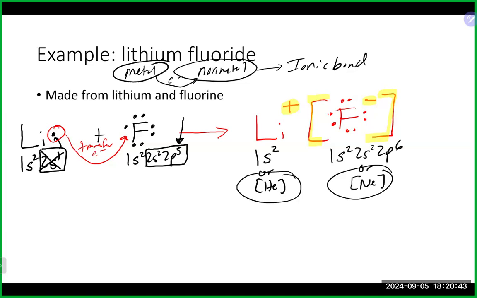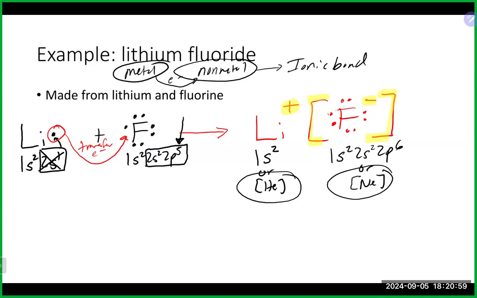So there, lithium backs up to helium. And if you look at fluorine, it actually goes forward on the periodic table as it gains electrons to the noble gas that comes after it. So they both are isoelectronic with the noble gases.